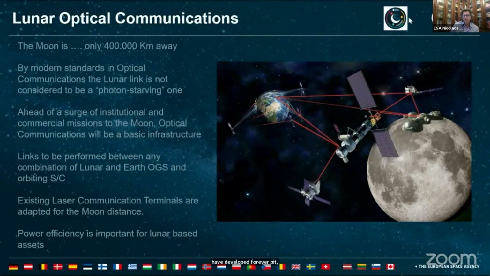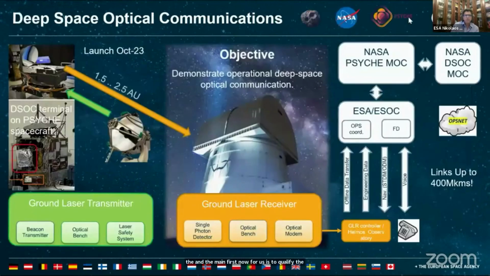So again, power efficiency is very important if you operate in space, especially if you are far into the moon, either on the surface or orbiting the moon. And the main thrust now for us is to qualify the existing commercial products, to adapt them rather, to operate for the moon distance.